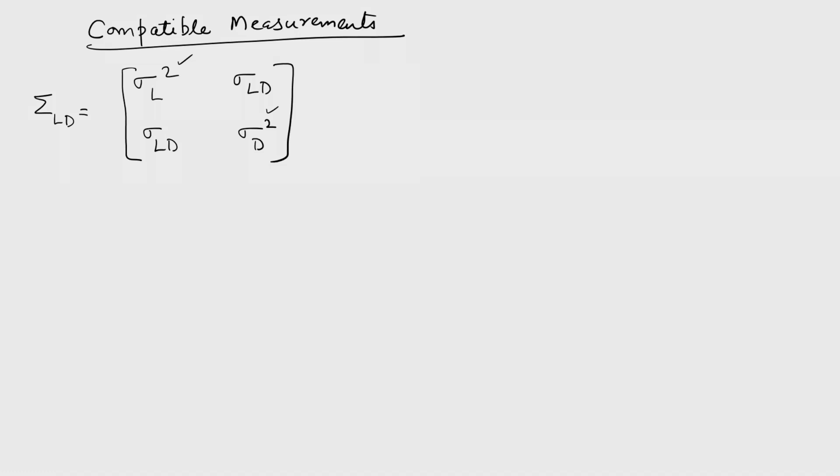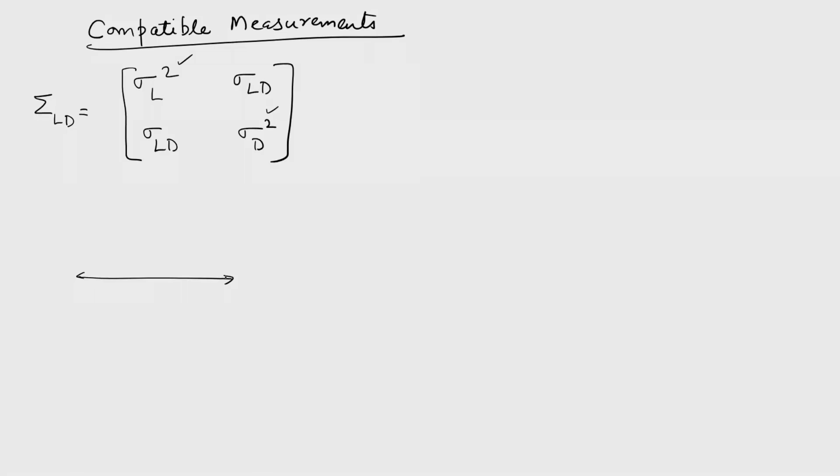So it could be possible this is the value of sigma L, and this is sigma D, which is quite small. And that is why we say that if this is an error of the location, let us say 2 sigma D, and this is 2 sigma L. So this is a kind of error I am expecting in the location of a point which is given by L and D.